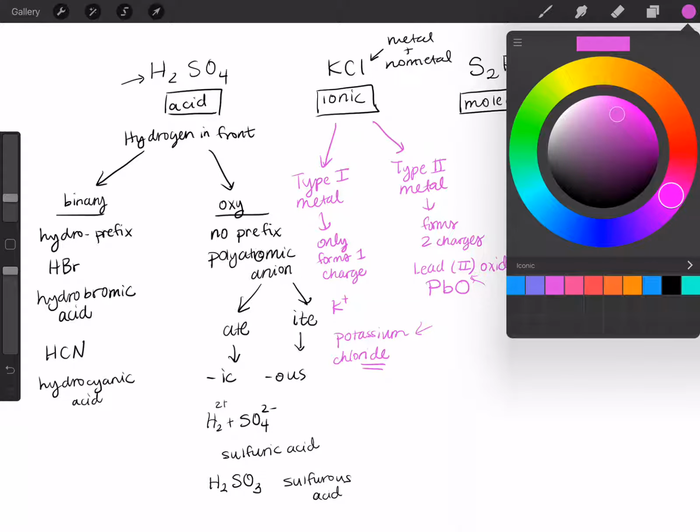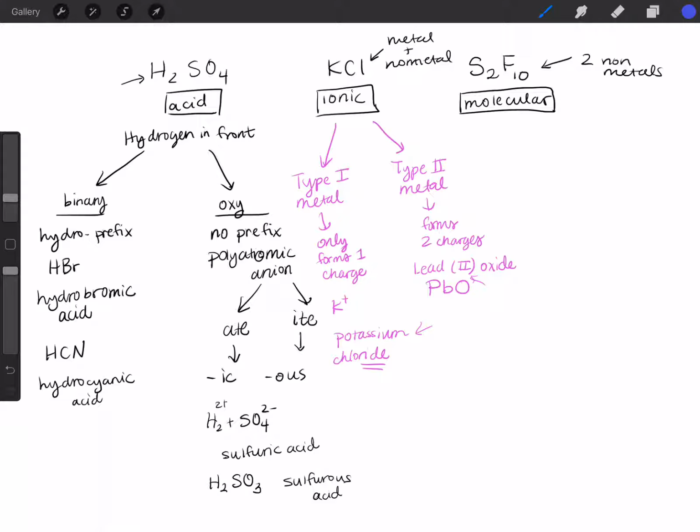All right. Let me move on to molecular compounds. These are the ones with the Greek prefixes. I should talk about the prefix mono.